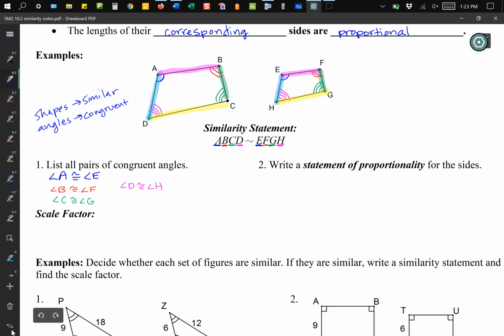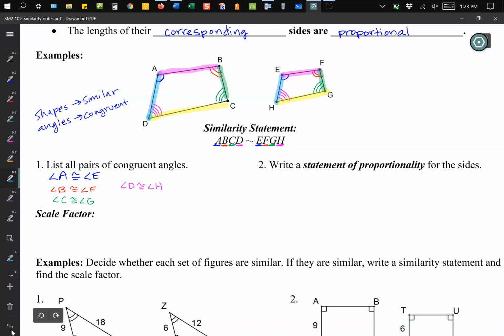The next thing is a little trickier. This one is the second kind of statement. We had the similarity statement. Now we have a statement of proportionality. So proportions are things saying that two fractions are equal to each other. Well, in this case, we have 4 fractions.